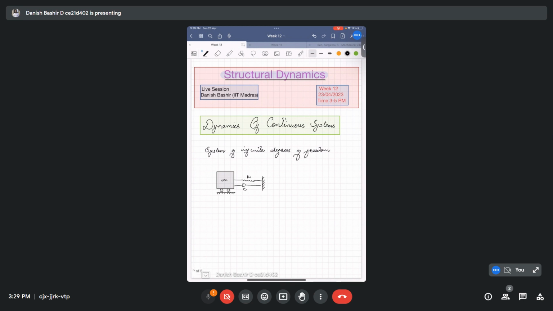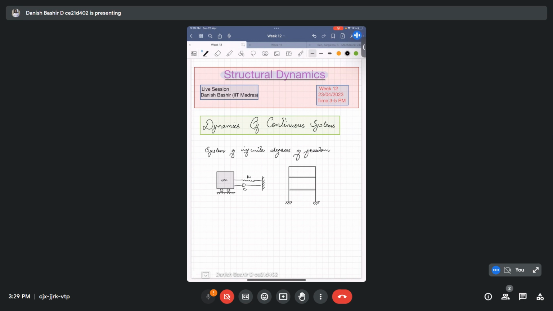For example, in multi-degree of freedom systems, we studied these frames in detail, wherein I showed you how we can derive the mode shapes and the modal characteristics of the frames. But it's not the case in practical scenarios. Like, these were columns and these were floor systems like this.